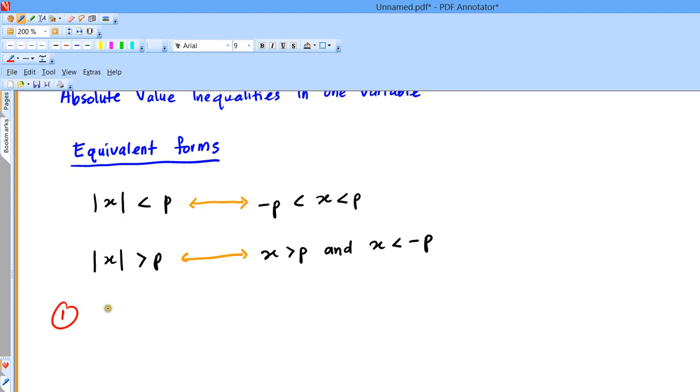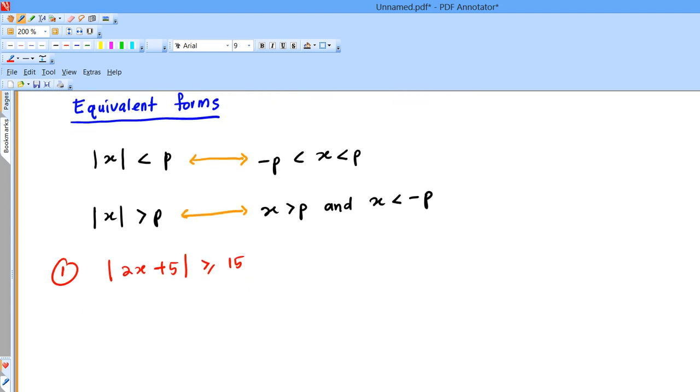If we have |2x + 5| ≥ 15, our absolute value is actually in the form of number 1 and 2.